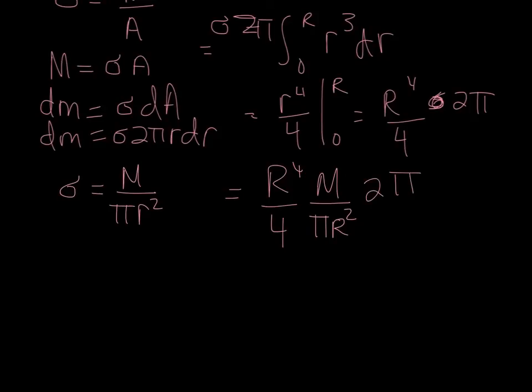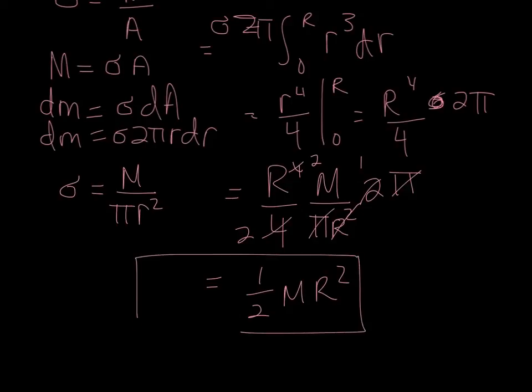So all of this simplifies out, and I get rid of the pi's. The r squared obviously makes this r squared, and then I can simplify this to 1/2. So I end up with 1/2 m r squared, or r squared m, either way.